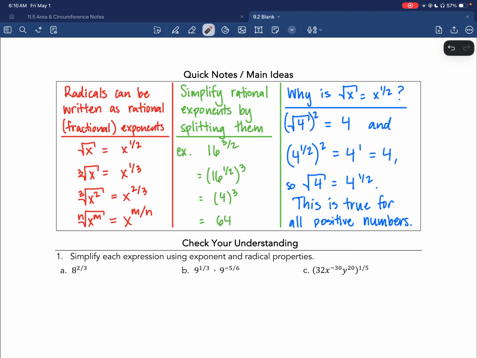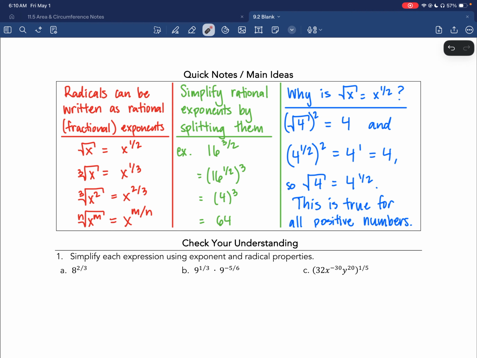So 4 to the power of 1/2 to the power of 2 is also just 4. That means the square root of 4 and 4 to the power of 1/2 have to be the same, because we get the same answer from them. Because they both give us that answer of 4, these have to be the same.